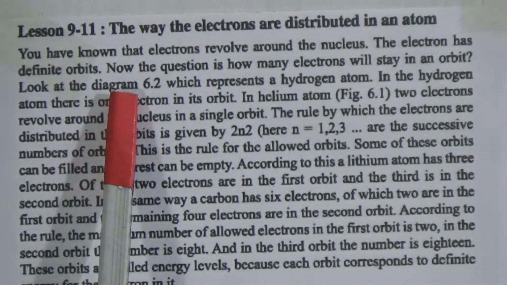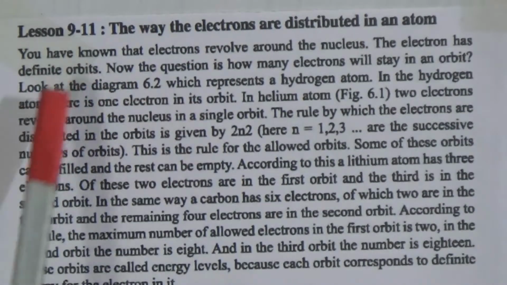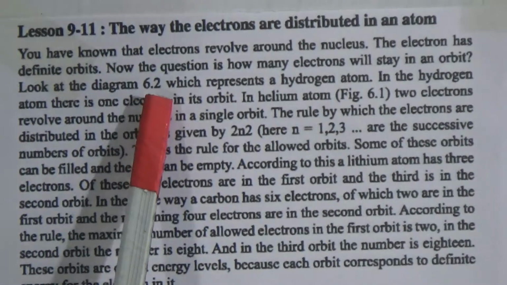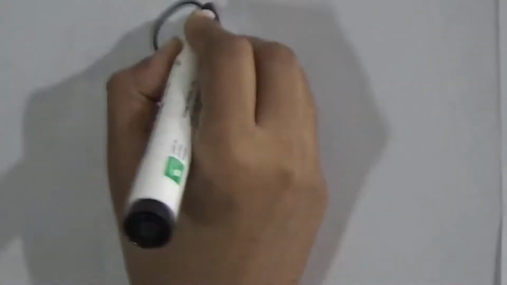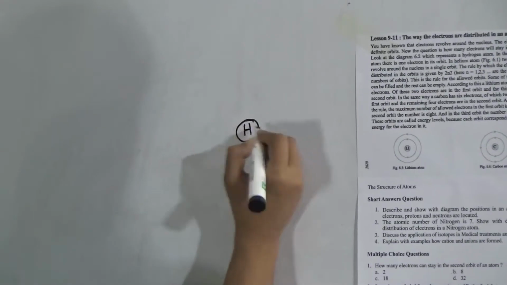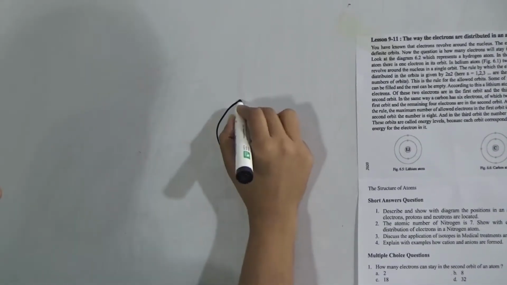Look at picture 6.2 in your book. There is the hydrogen atom and also the helium atom. If you observe the figure, this is the nucleus of the hydrogen atom and this is the orbit.